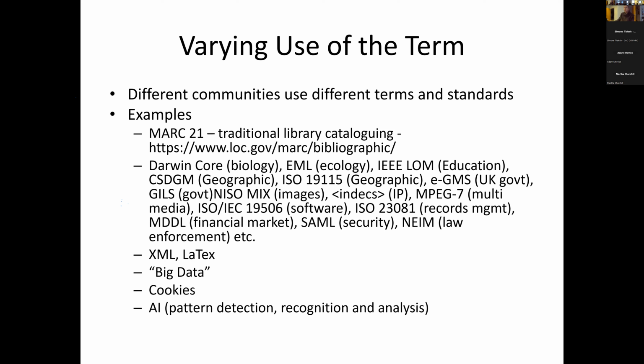So if you start getting advertisements from a political party on your Facebook page, that's probably what's happening. Whenever we're talking about big data, we're sort of creeping into the realm of artificial intelligence. And this is computer programs that do what they do best, which is pattern detection, recognition, and analysis.